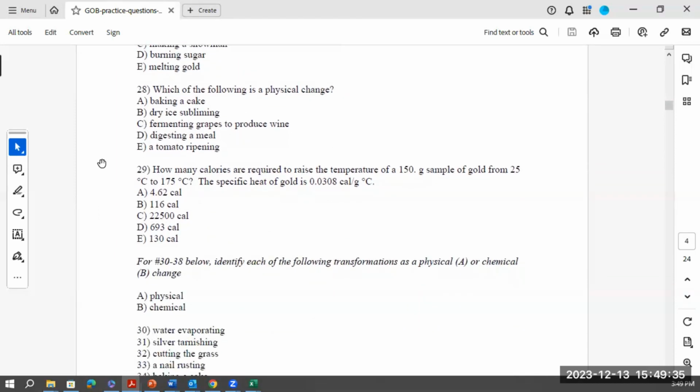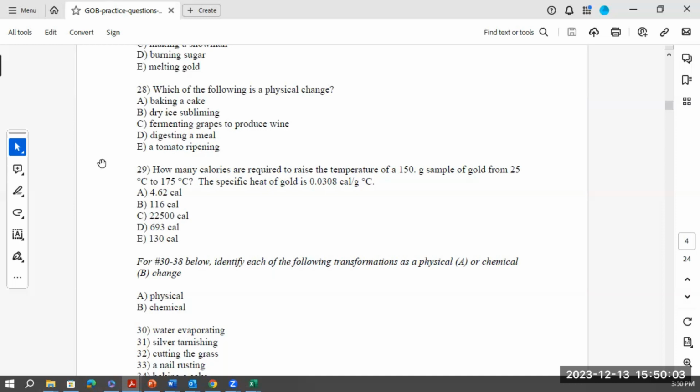Which of the following is a physical change? A, baking a cake. B, dry ice subliming. C, fermenting grapes to produce wine. D, digestion of a meal. E, tomato ripening. B as in boy.